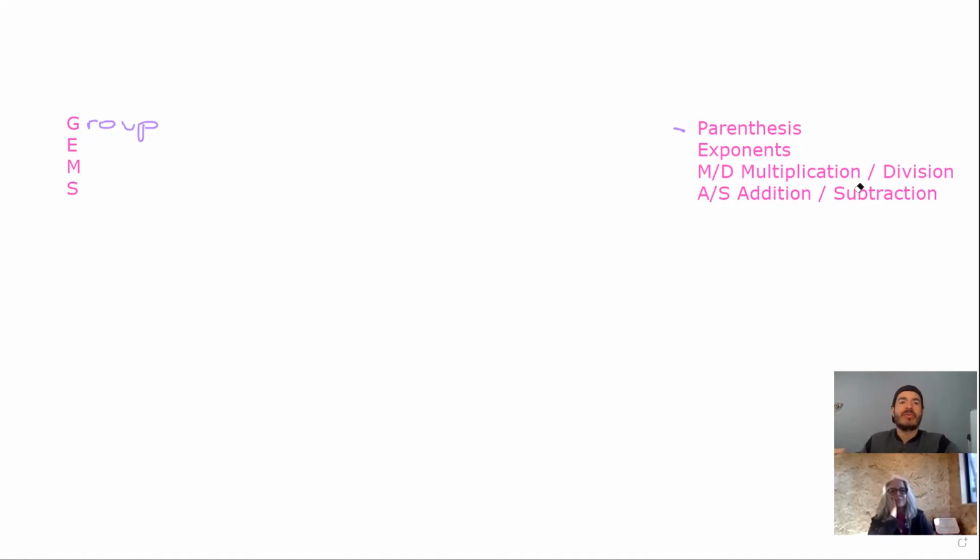And this comes up in those silly Facebook puzzles all the time. When we see multiplication and division in one numeric expression, so if you have 6 times, I'm going to use the dot to represent multiplication, divided by 3.